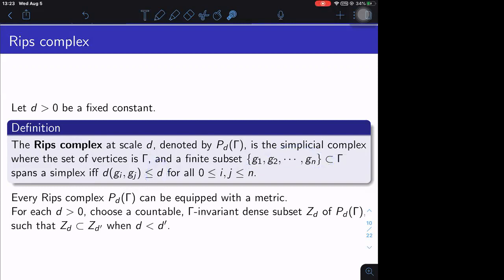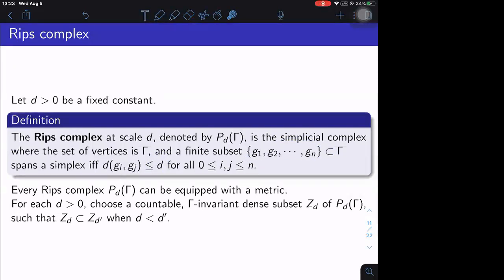For each Rips complex we have a proper metric, and if Γ is a group, you will have a simplicial action of Γ on the Rips complex, and in this case the metric is proper and invariant.